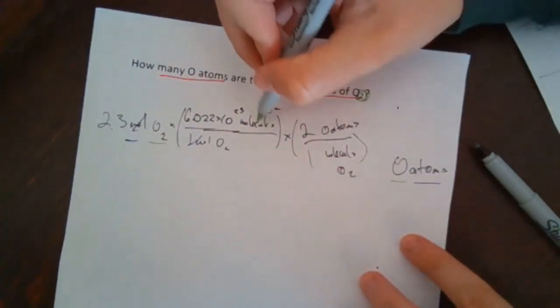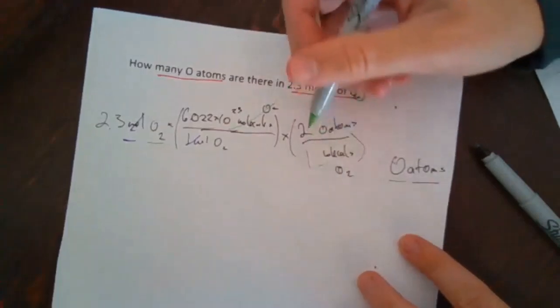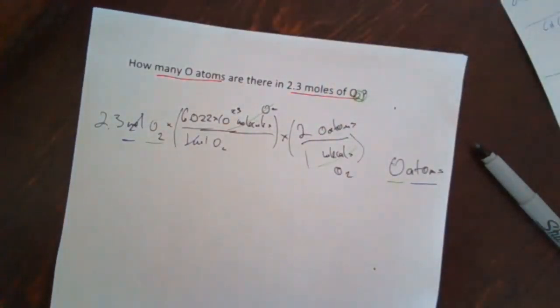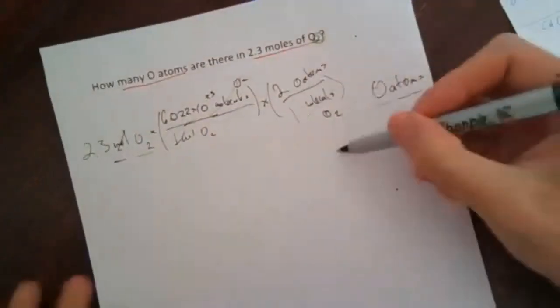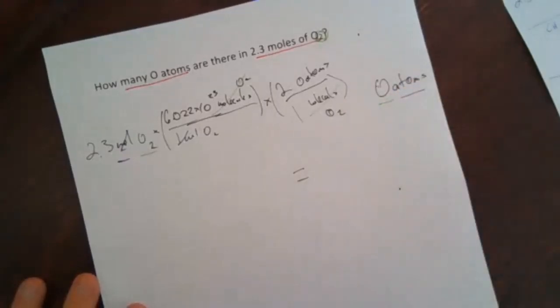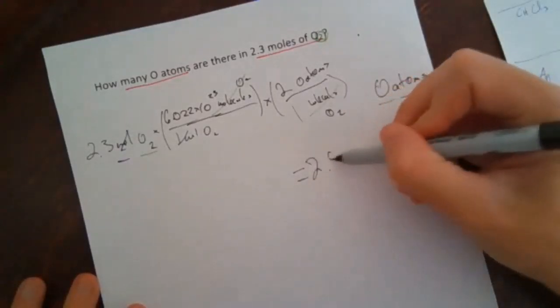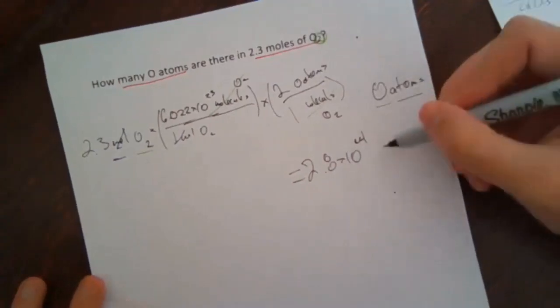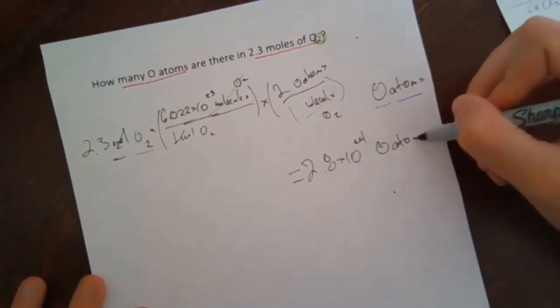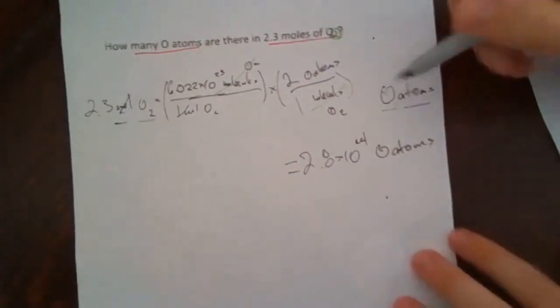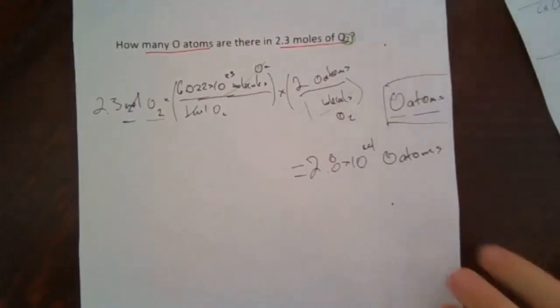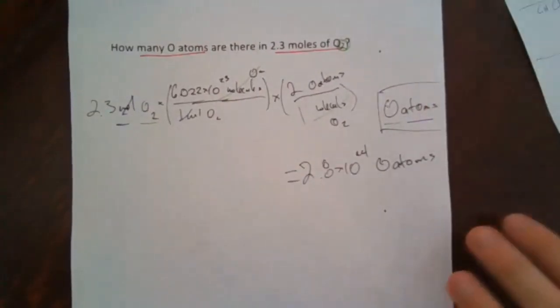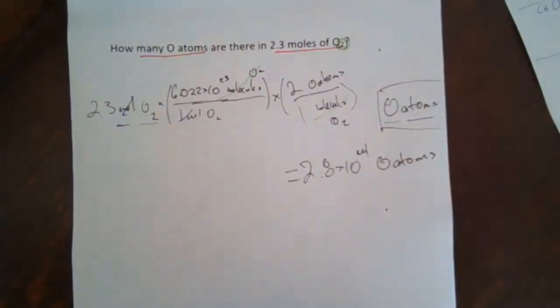I cancel out molecules of O2, giving me O atoms. I'm going to rewrite this for some extra space, all down here. I end up with 2.8 times 10 to the 24th O atoms. It's nice for working through the problem, but not quite space. Thought I could leave myself enough, but still ran out.